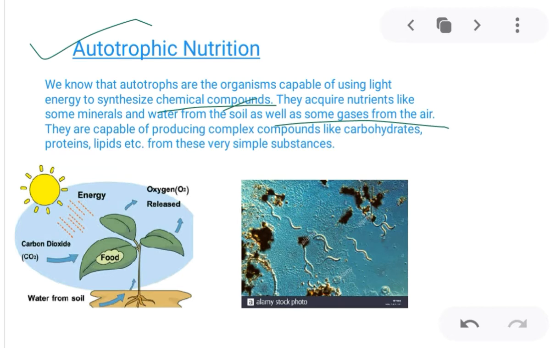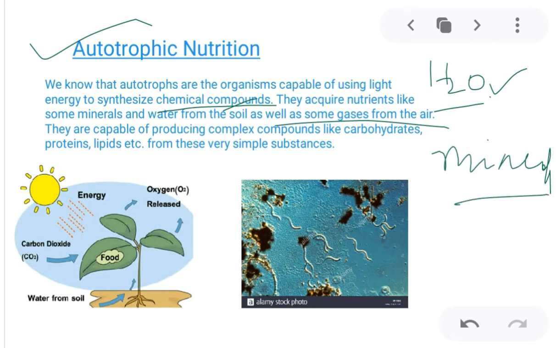So from which parts of the environment are these raw materials available to the plant? Suppose you take the best example, water. How is it available to the plant? From the soil. From soil, plants are getting water as well as some amounts of minerals, like micronutrients and macronutrients, you know well, I think.